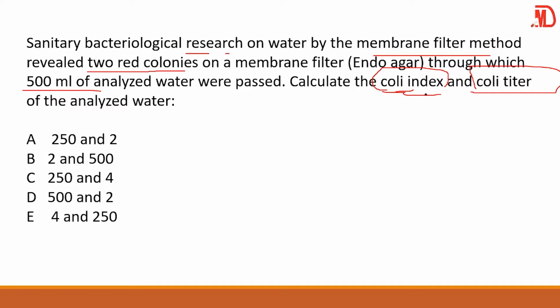The coli index and the coli titer are used to rate the purity of water, soil, and air based on the amount of fecal bacteria, by testing for coliforms.